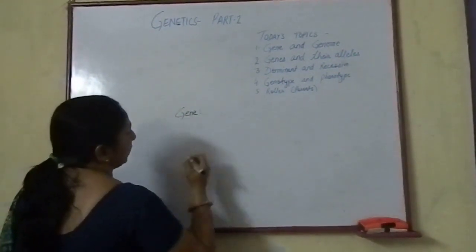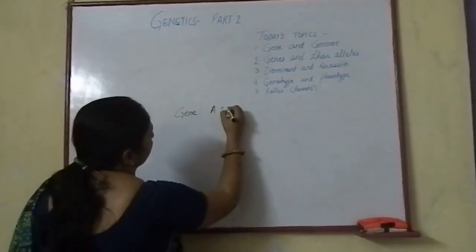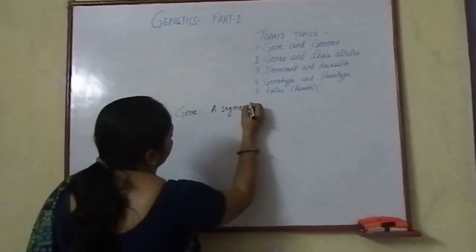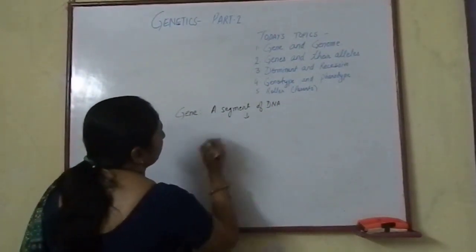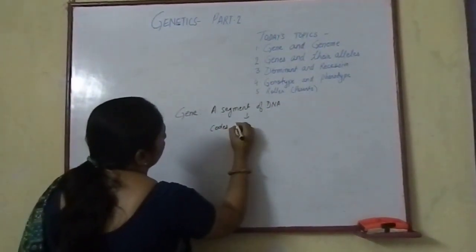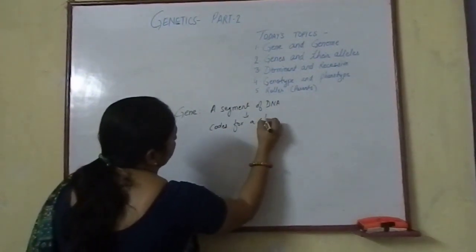A gene is a segment of DNA that codes for a character.